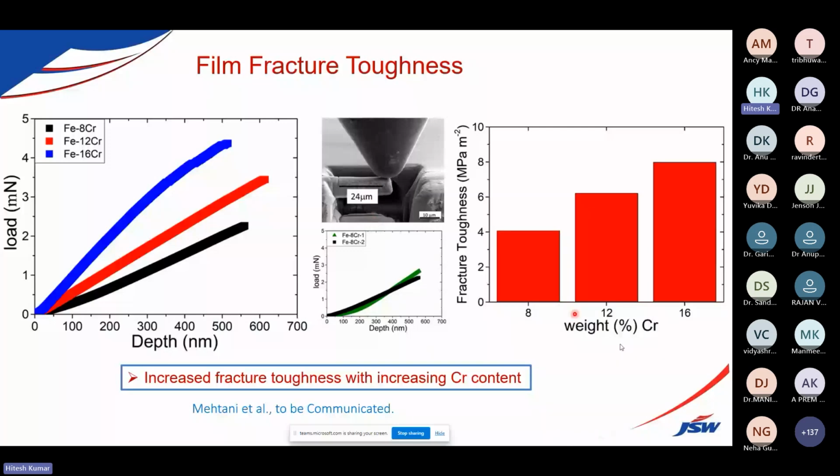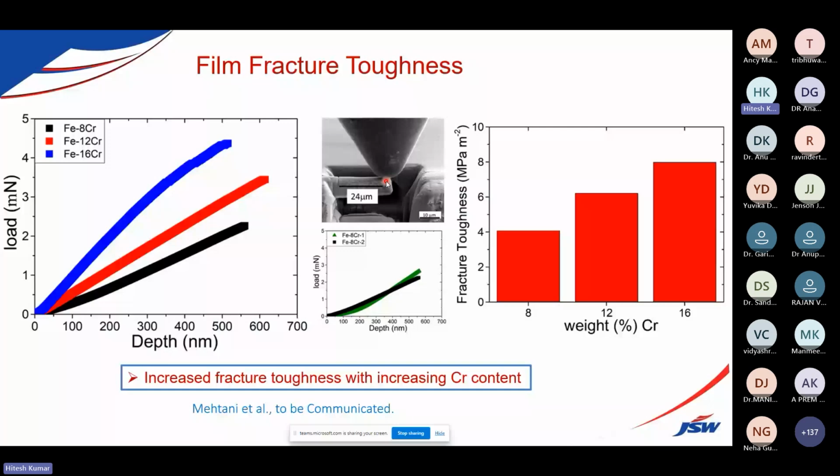These cantilevers are prepared with the help of FIB, focused ion beam. We thin it or remove the oxide layers and only focus on the oxide layer next to the metal oxide interface, and create a cantilever with a length of 24 micron.